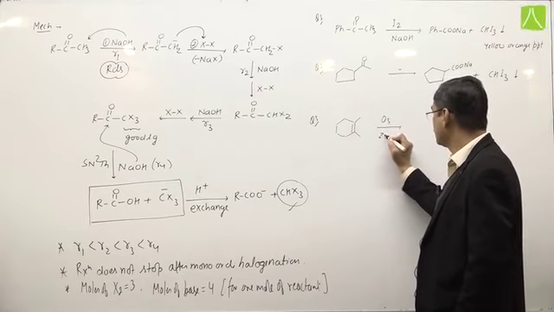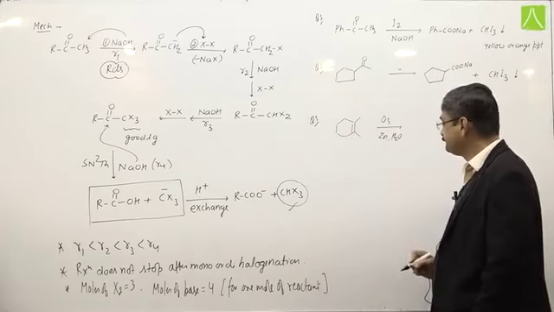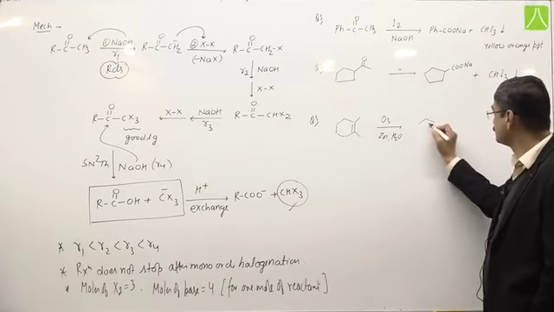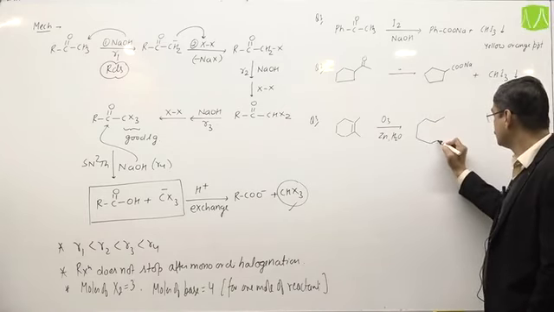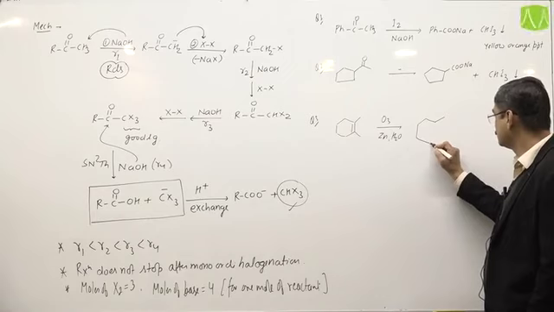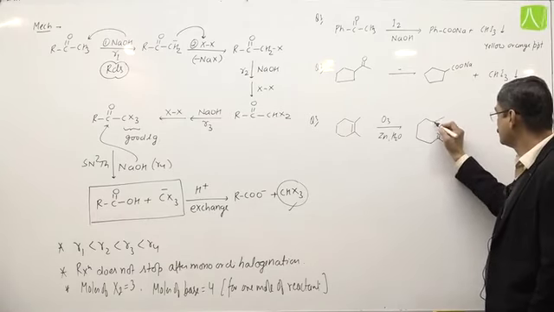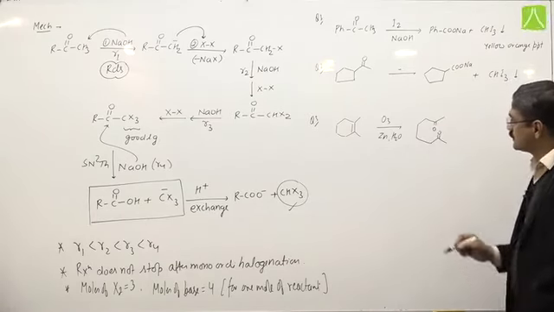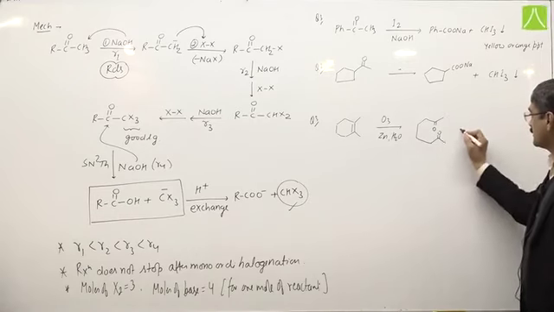First, suppose ozonolysis takes place. So this is produced, both are COCH3.